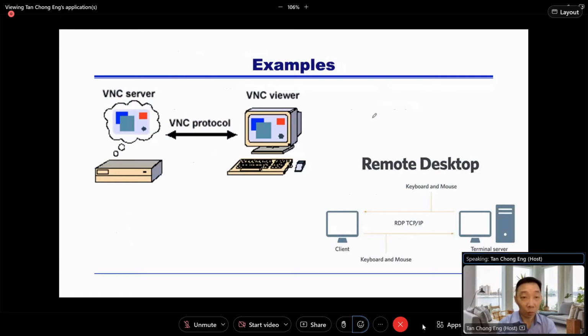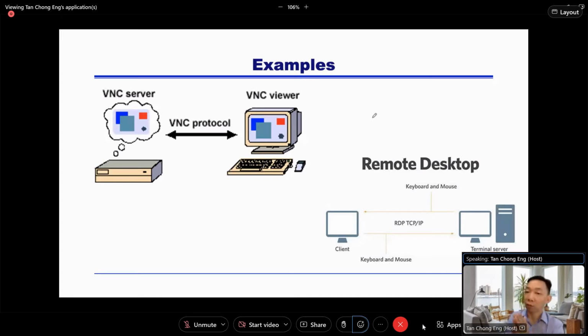The VNC protocol allows you to exchange information based on the host-based architecture. Basically, when you connect to the VNC server using your own VNC viewer, your server will have to work harder.